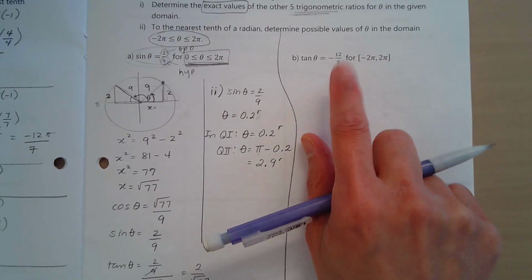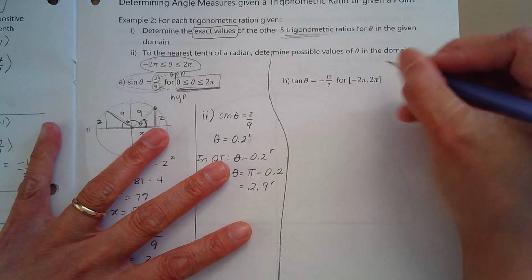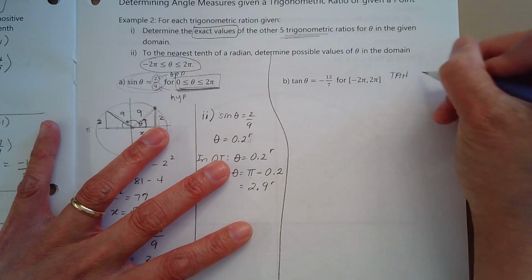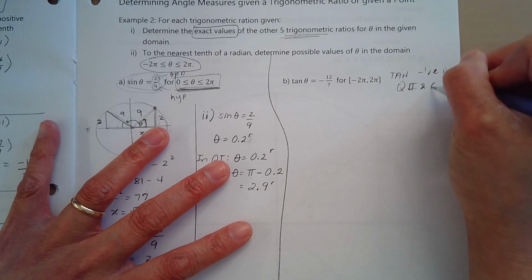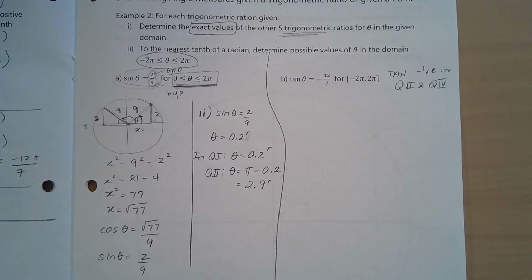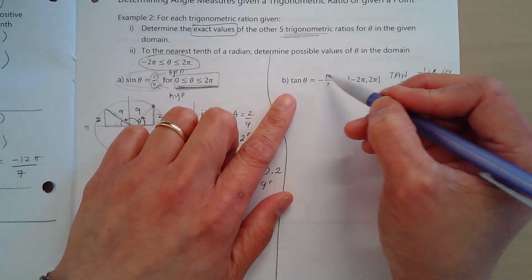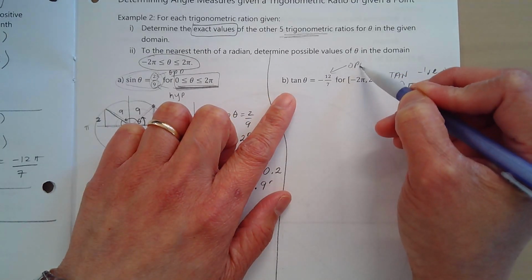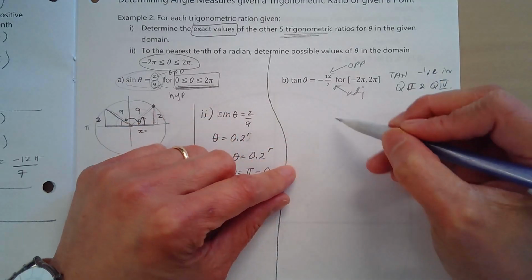Let's take a look at this one. Where is tangent negative? Quadrant 2 and quadrant 4, yes. So tan is negative in quadrant 2 and quadrant 4. When we talked about tangent, that's opposite over adjacent. Okay, let's see if we can do that.